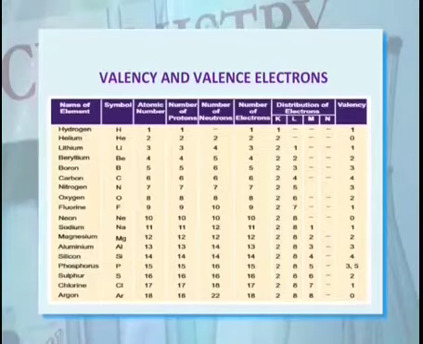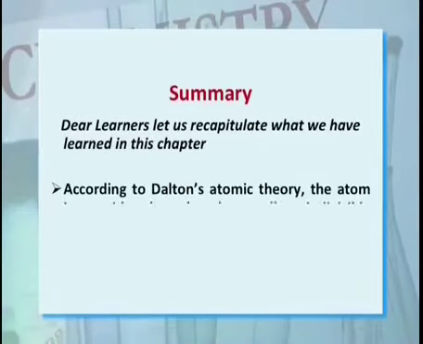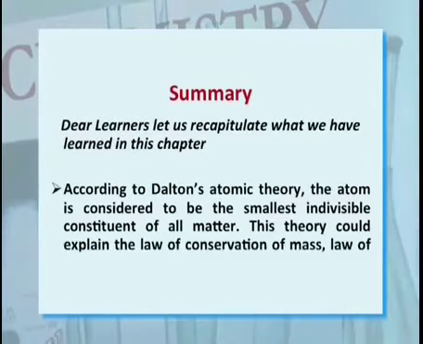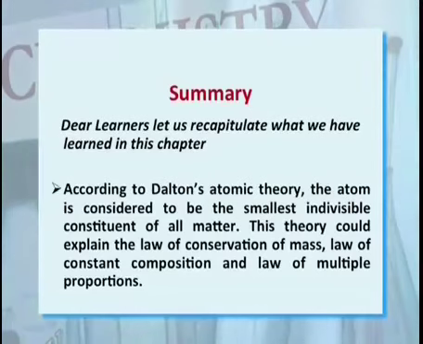Dear learners, let us recapitulate what we have learned in this chapter. According to Dalton's atomic theory, the atom is considered to be the smallest indivisible constituent of all matter. This theory could explain the law of conservation of mass, law of constant proportion and the law of multiple proportion.